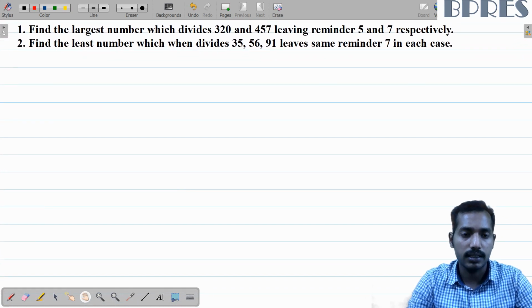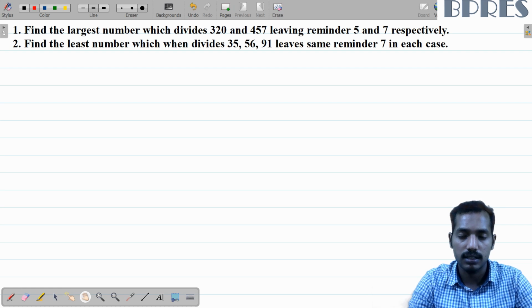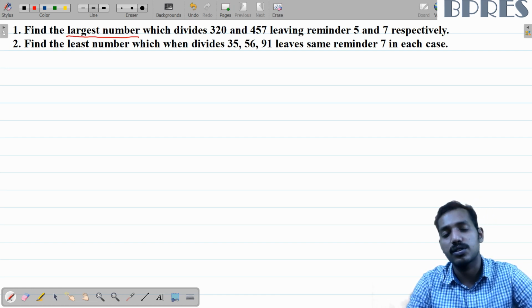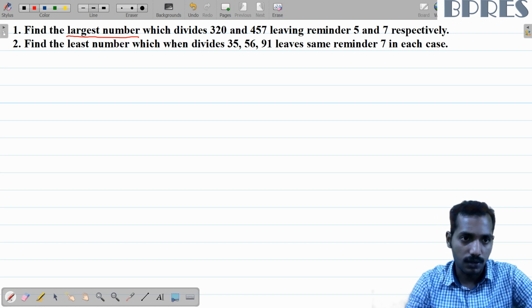The first question is: find the largest number which divides 320 and 457, leaving remainders 5 and 7 respectively. Here, find the largest number means we have to find the HCF.